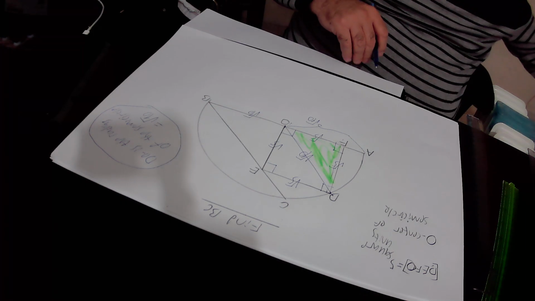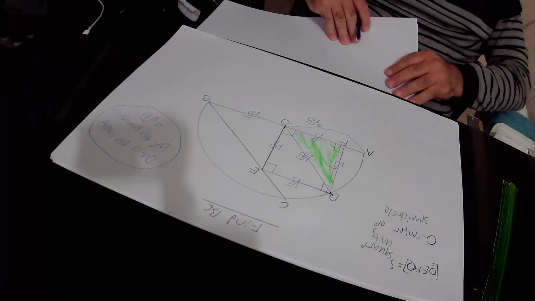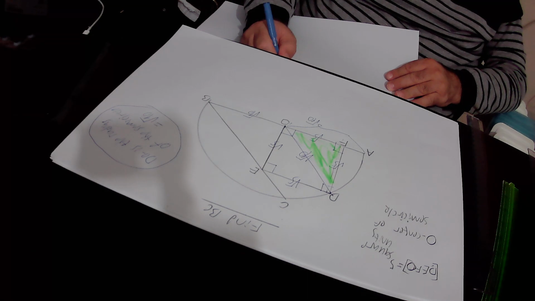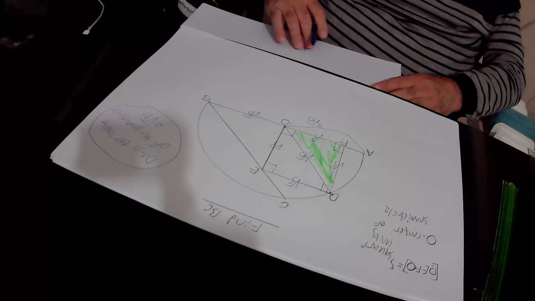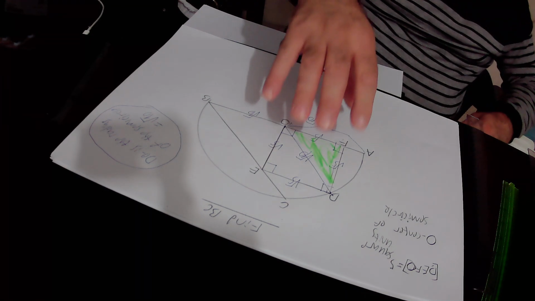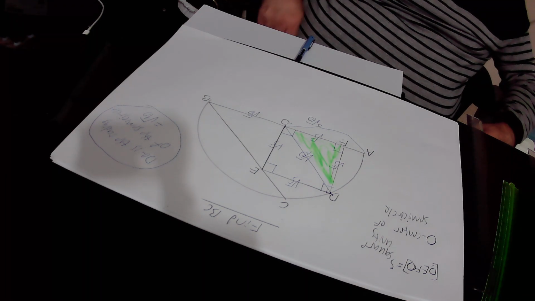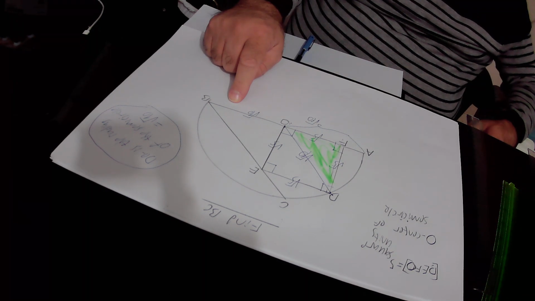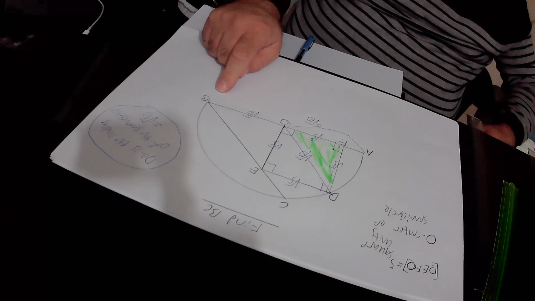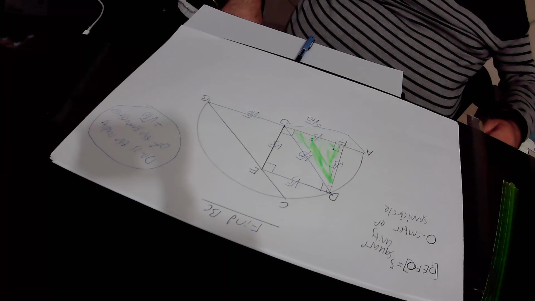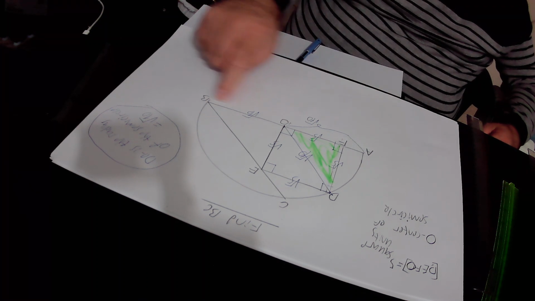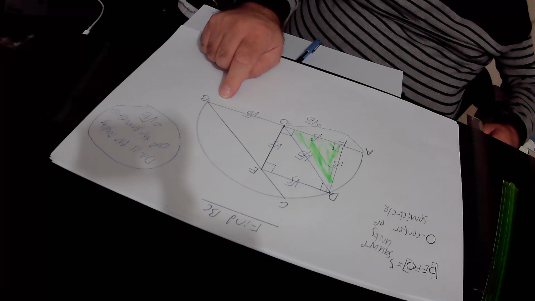Because in our drawing we know that this is a semicircle, and AB is the diameter of the semicircle, so it must be a straight line. So AB is a straight line.